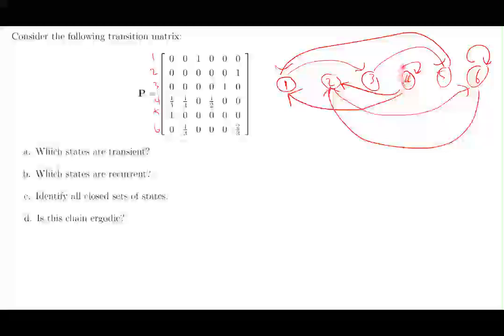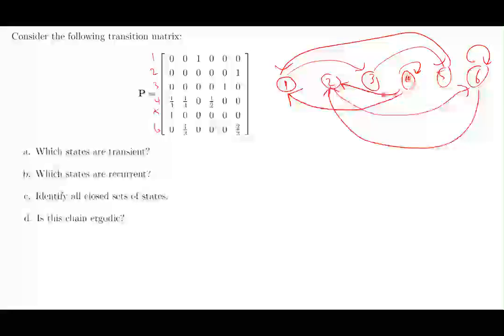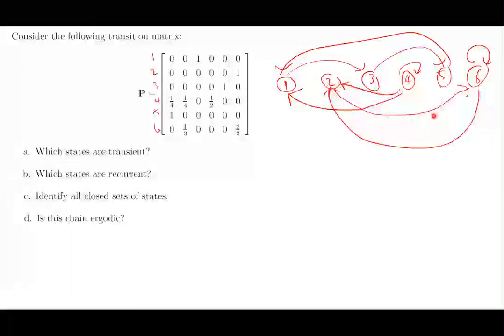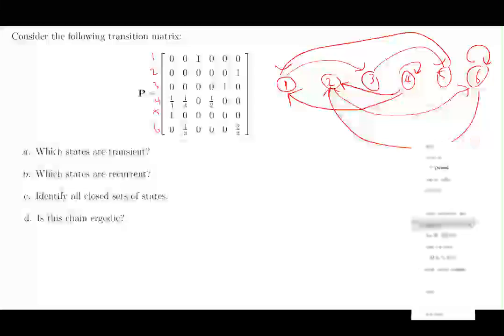State 4, you come back to itself. Once you leave state 4, though, if you leave state 4 and go to 2 or 1, either one, you won't come back to it, right? So let me draw this a little more carefully, since it's a little bit confusing to see.